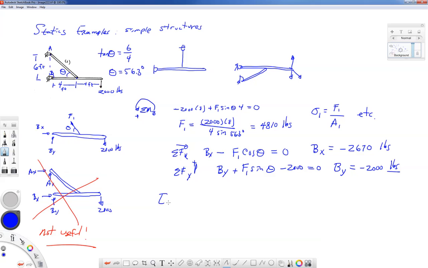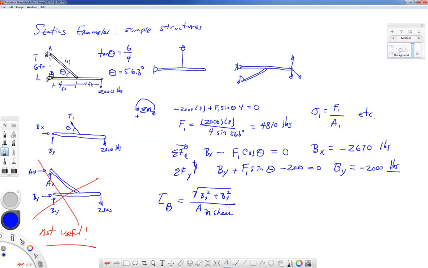Okay, so now if I want the shearing stress at pin B, that's going to be the square root of the sum of the squares of Bx and By, and divide by the area in shear. If the pin is in single shear, it's pi over 4 times the diameter squared of the pin. If it's in double shear, it's 2 pi over 4 times the diameter of the pin squared.